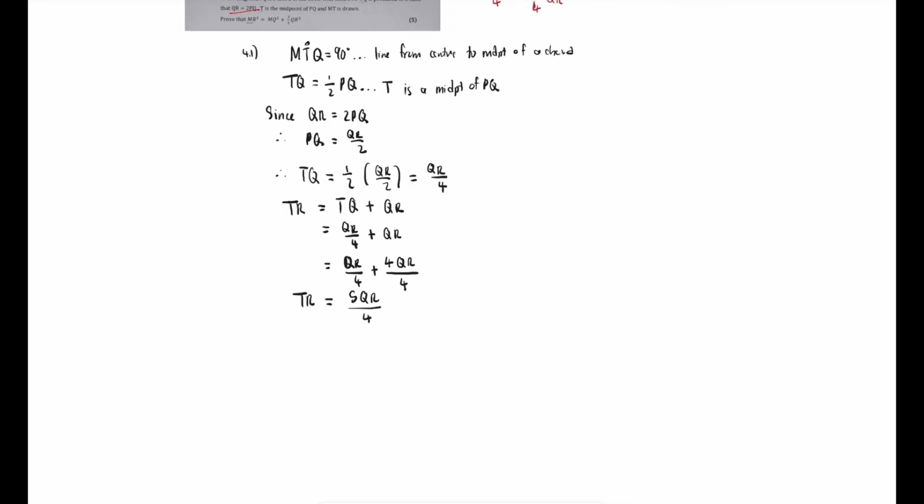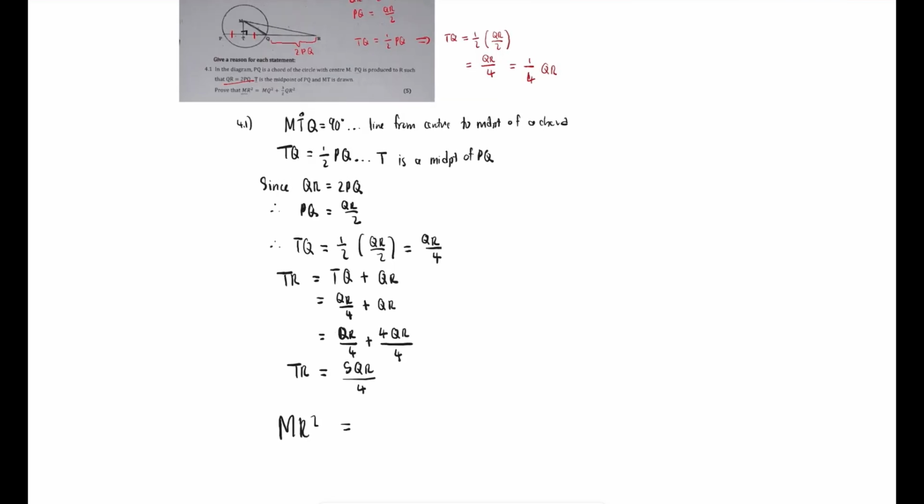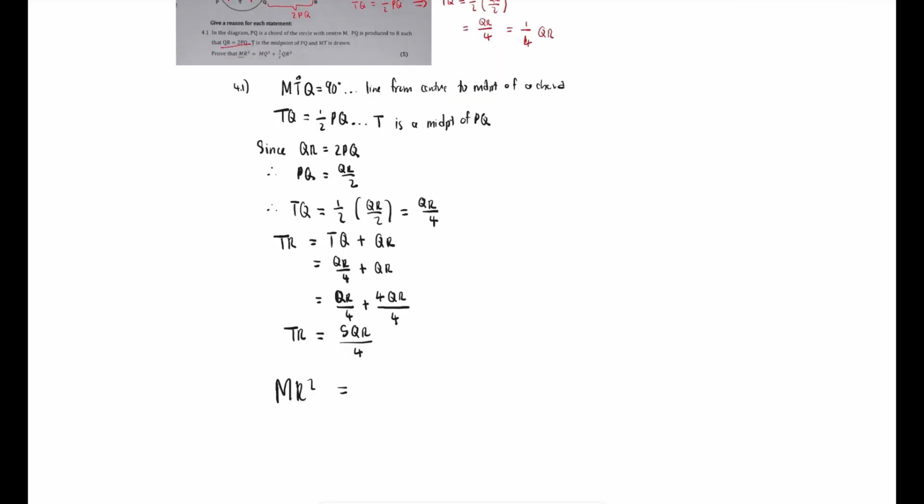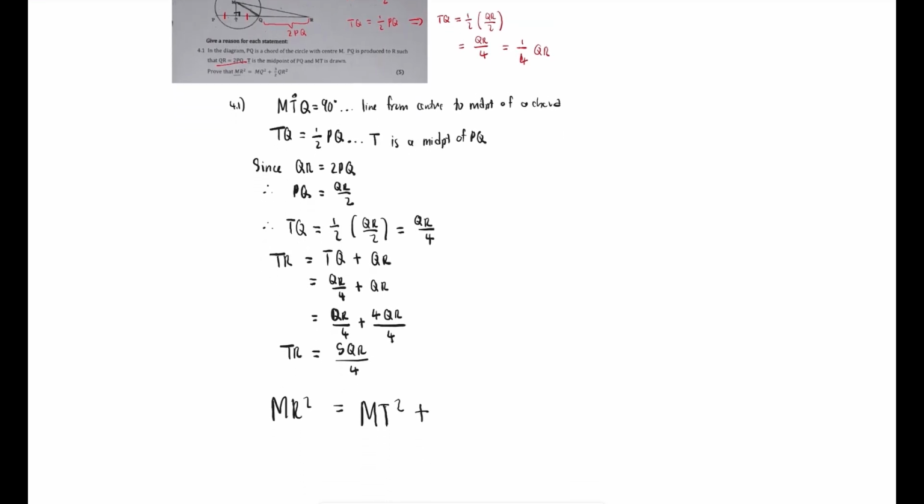And then we can now do our Pythagoras theorem. So now we have MR squared, right? The hypotenuse equals to MT squared plus TR squared. Pythagoras.